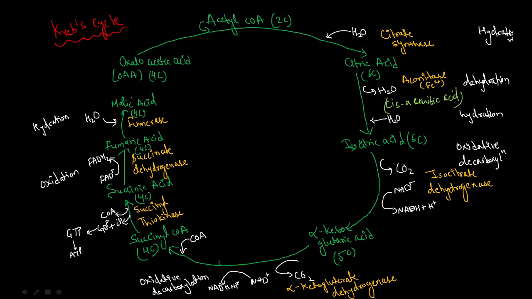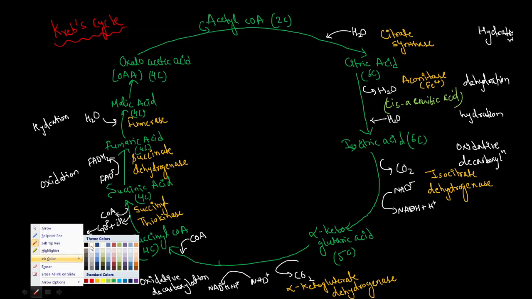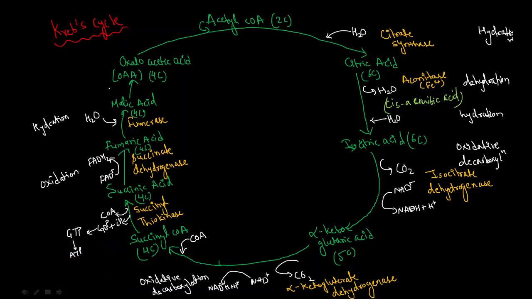Okay. Now this malic acid is going to get converted ultimately into oxaloacetic acid, where our cycle is going to complete. This is an oxidation step again.